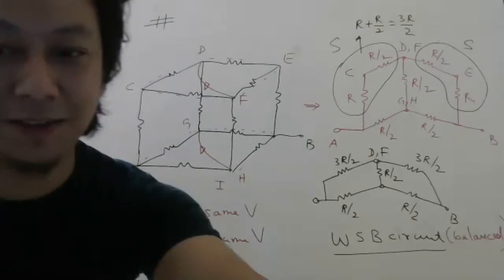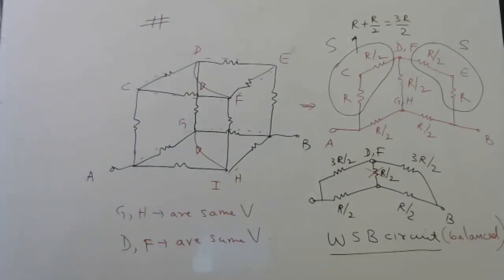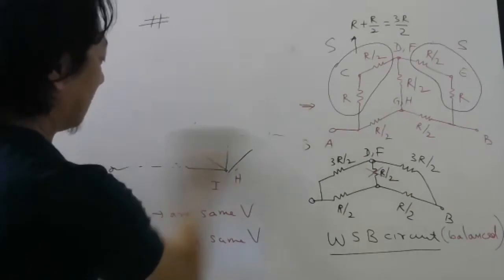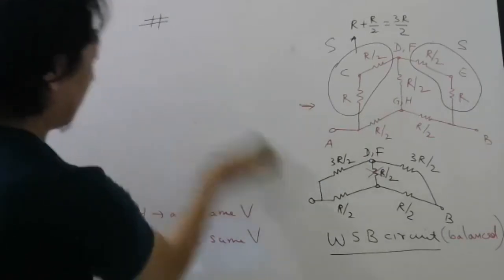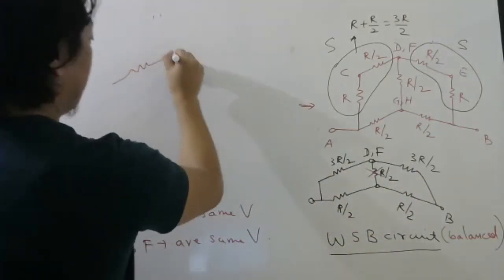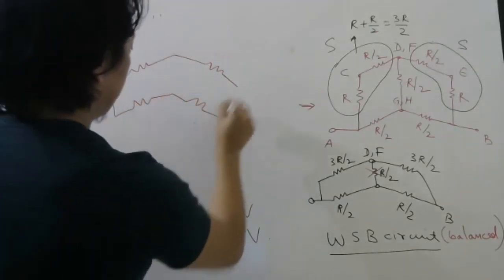Since it is balanced, the middle one is useless. So finally, let me rub this part now. Once I remove this part, it will look something like this.